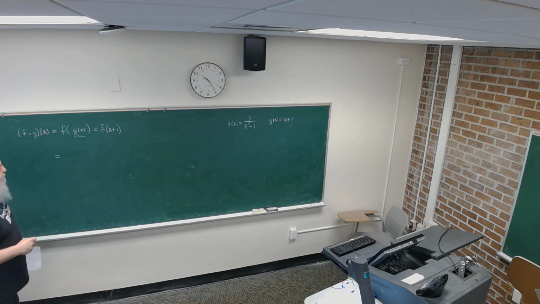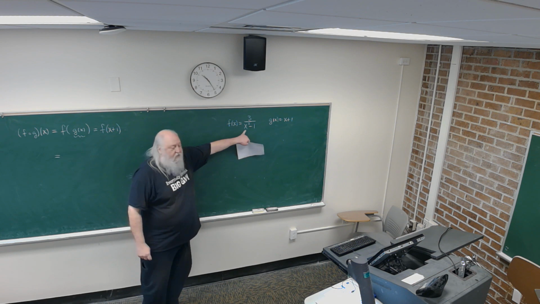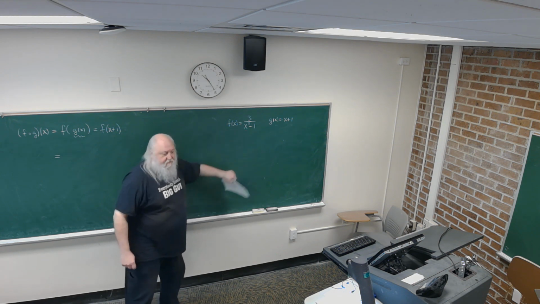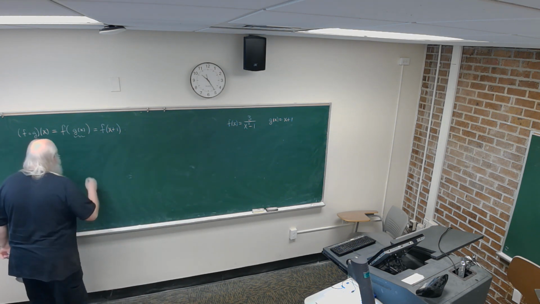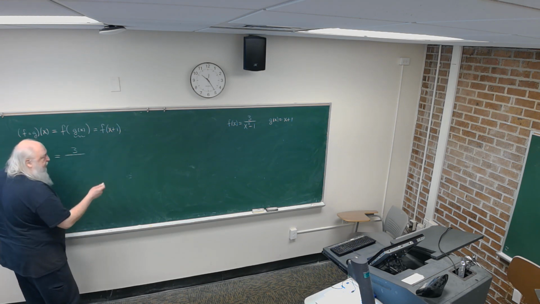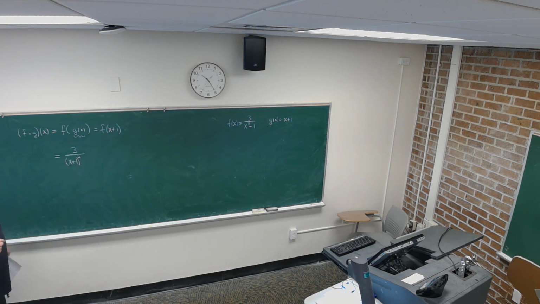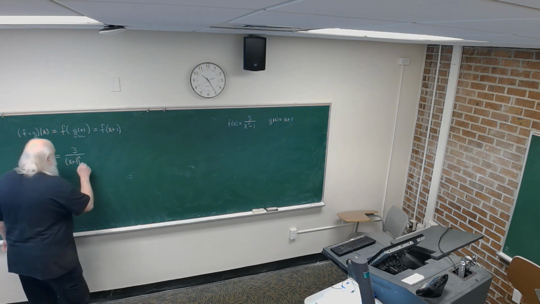We've got to evaluate f of x plus 1 by putting in x plus 1 for x, right, on the right hand side of f of x. So f of x plus 1 is equal to 3 over, now instead of squaring x, we're squaring x plus 1. So x plus 1 has to be put in parentheses, right, because you're squaring that binomial. And then minus 1.